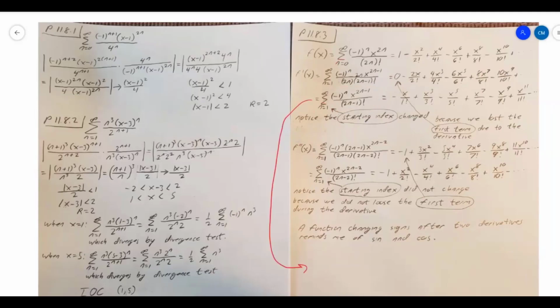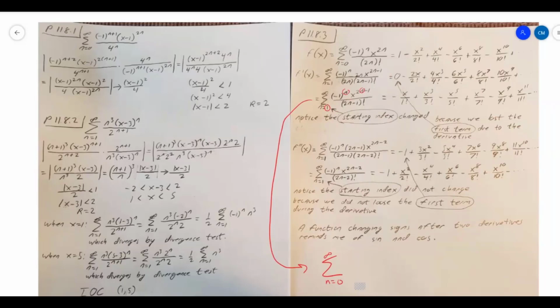Suppose I want that to start at index 0 instead, so that it matches that first function a little bit better. If you want that index to start at 0 instead of 1, you can easily do that. Remember, I think I mentioned this before. If I'm going to lower that by 1, then I need to raise all the other occurrences of n by 1. So in other words, all those other n's have to be raised by 1, okay?